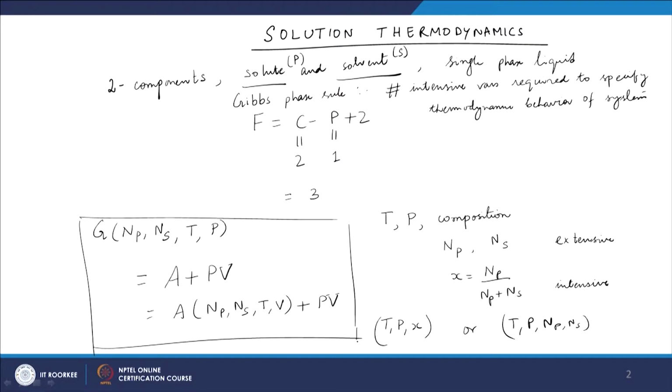So, we will note here that although we started with a Gibbs free energy, which was a function of temperature, pressure and composition, if I write it in terms of temperature, volume and composition, that is if I use the Helmholtz free energy, of course I can separate out the PV term, but it gives me certain mathematical convenience, and I will elaborate on that in this lecture.